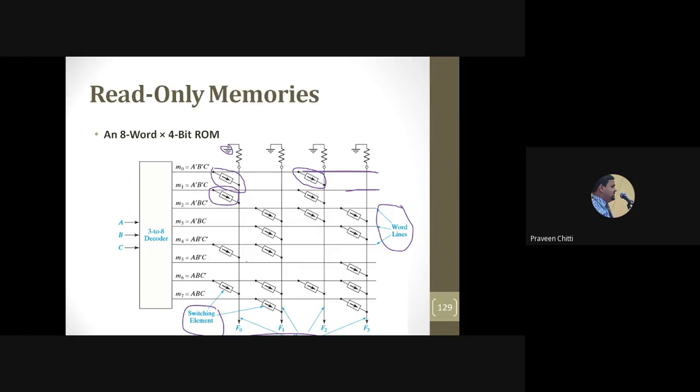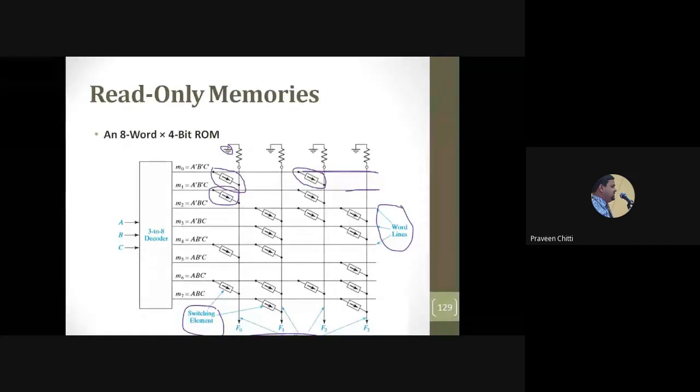Now assume that all the switching elements which I have shown there are connected. If all the switching elements are connected, now what will be the output F0, F1, F2?